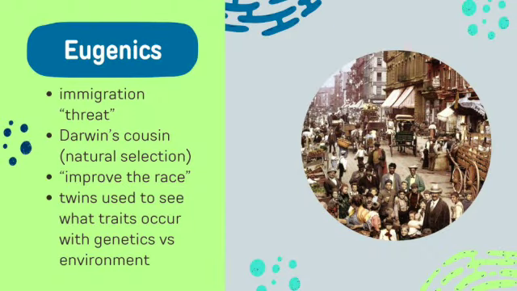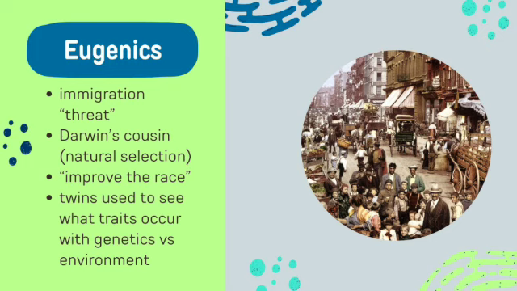So Galton was a British researcher, and he was actually cousins with Charles Darwin, who made the theory of evolution and created this idea of natural selection. And Galton really took inspiration from his cousin, and instead of applying it to animals like Darwin did with finches, Galton decided to apply these theories to humans.